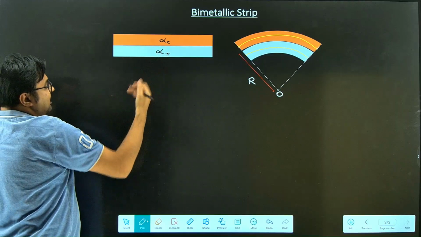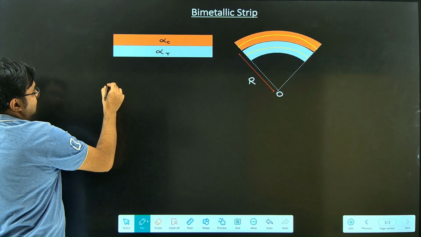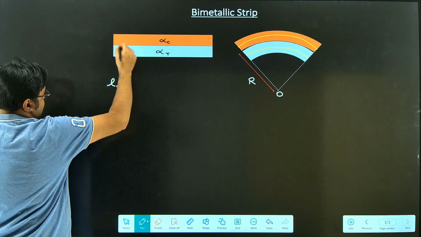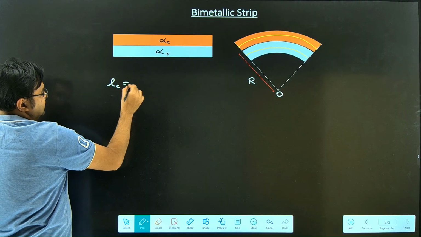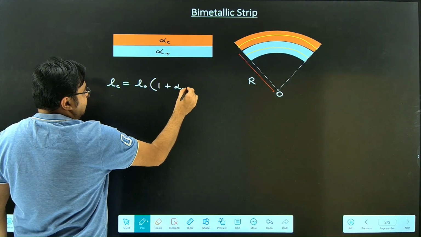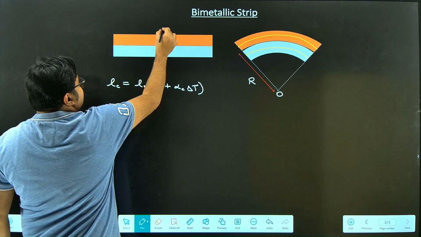But when you increase the temperature, what do you think is going to happen? The length of the copper strip is going to be LC, and it's given by L naught into 1 plus alpha C into delta T. L naught is the initial length.